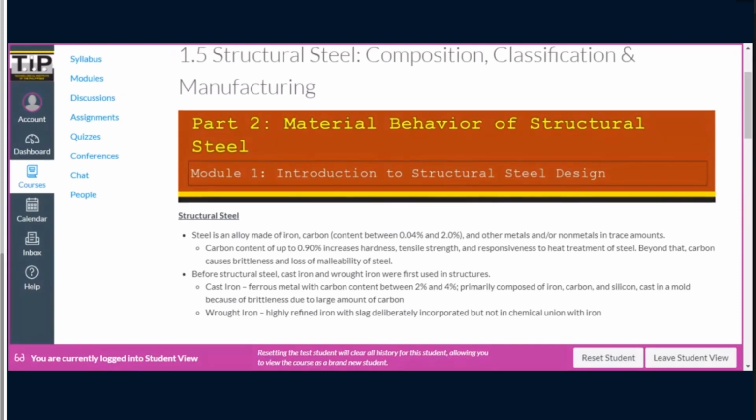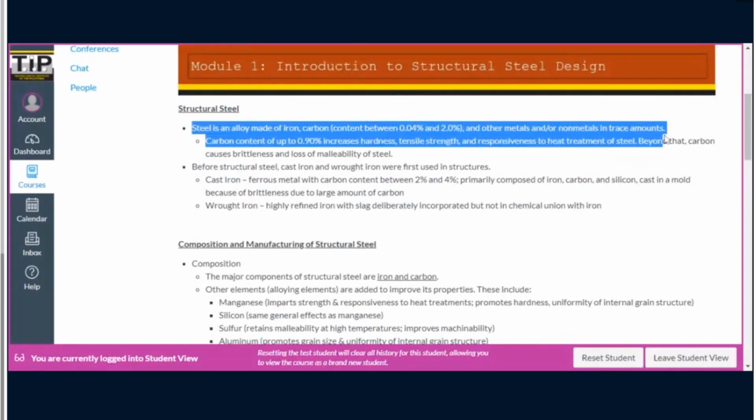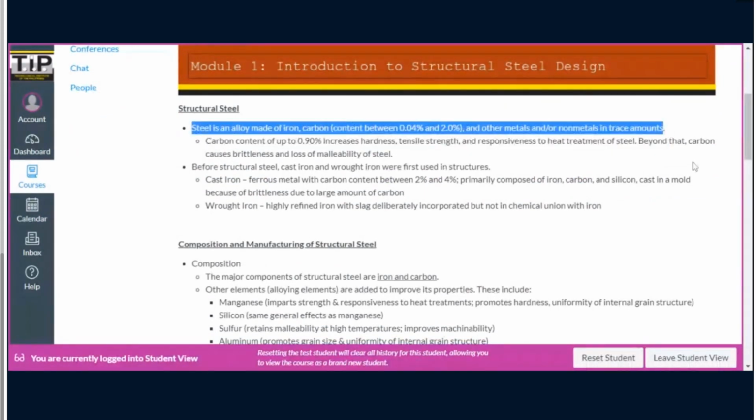So what is steel? Steel is an alloy made of iron, carbon, and other metals or non-metals in trace amounts. So steel is practically just a combination of iron and carbon.